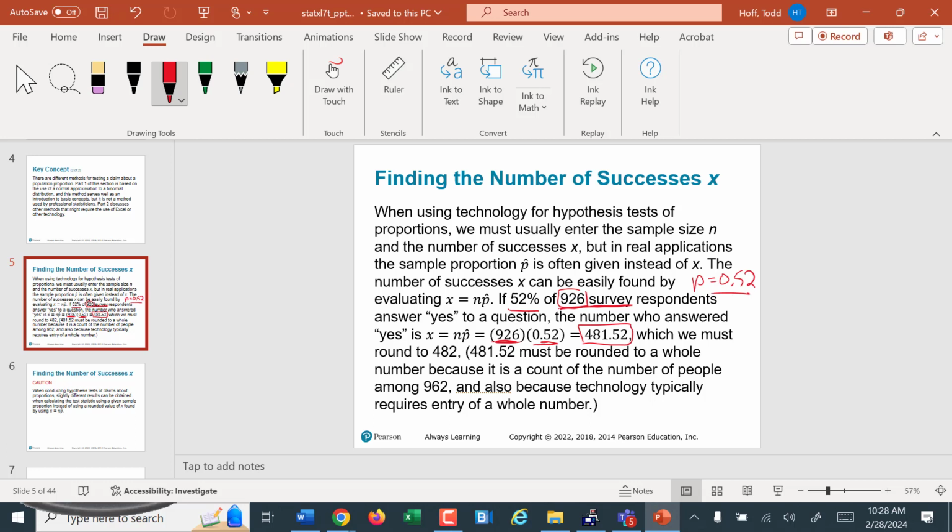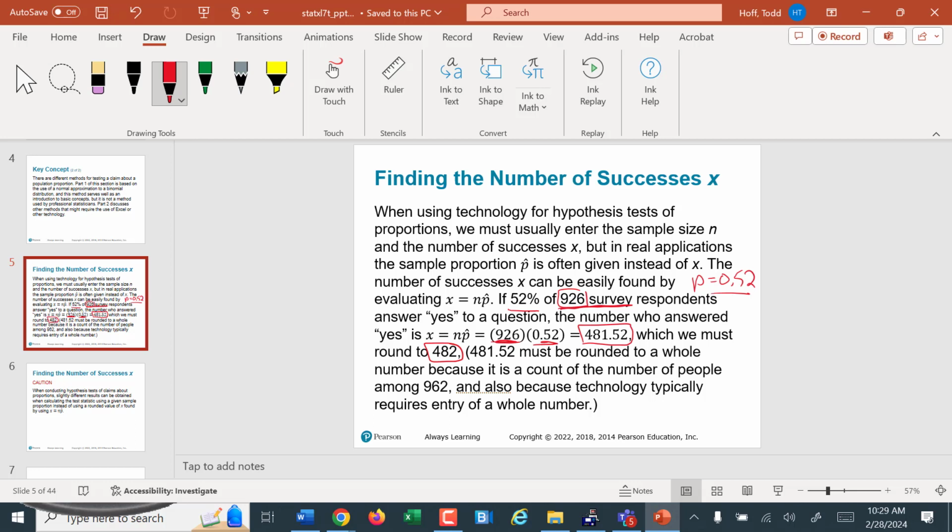481.52. The technology that we're going to use in most cases, Excel won't accept a decimal. If you're using a TI-84 calculator, it won't accept a decimal. StatCrunch won't accept a decimal. We have to have a whole number because it's observations. You can't have a part of an observation. So this would be rounded up to 482. Now that might or may not be accurate.